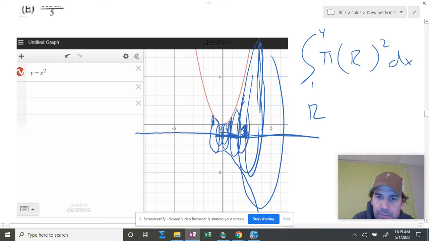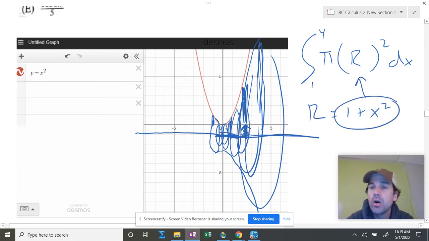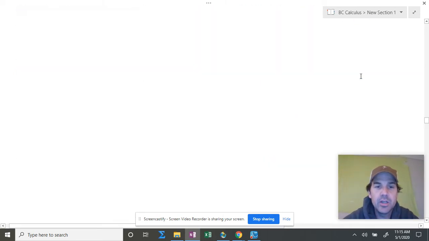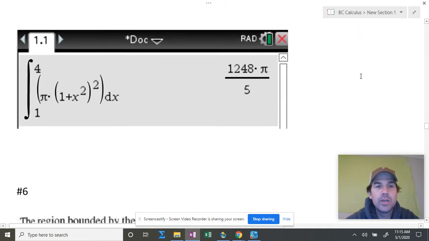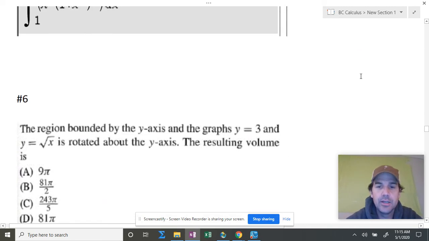So my radius is 1 plus whatever my function is, which is x squared. I plug that in for my r, square it, times pi, and then I sweep it by taking my integral. If you plug it into your calculator, you get the right answer.